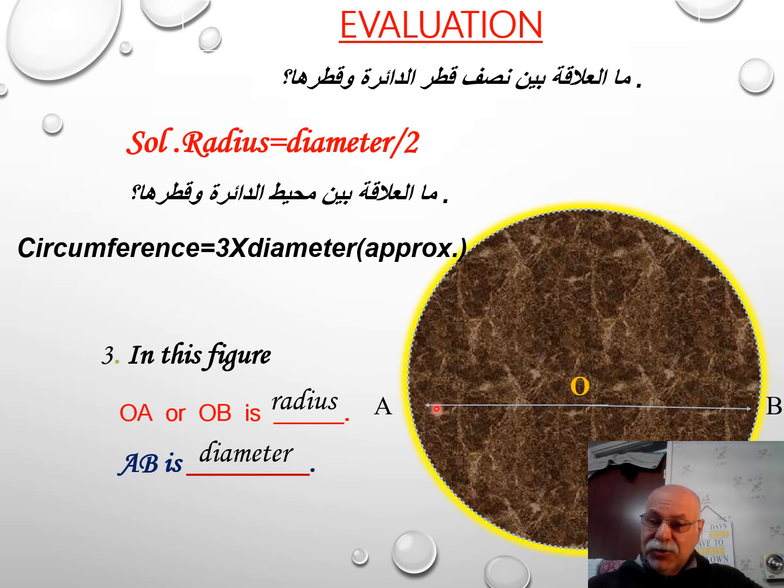We also have the radius, the line from O to A. And we have the straight line from A to B through the center, the diameter.